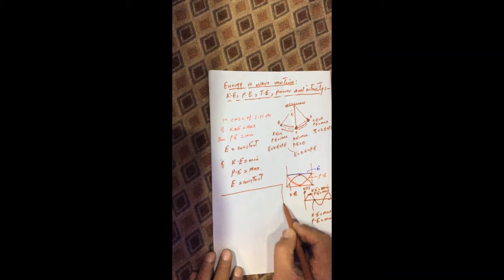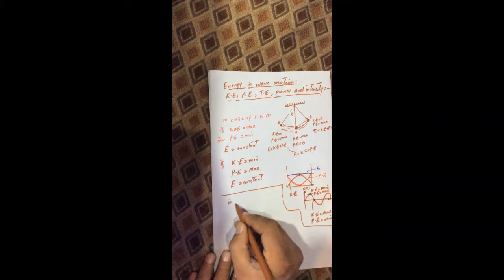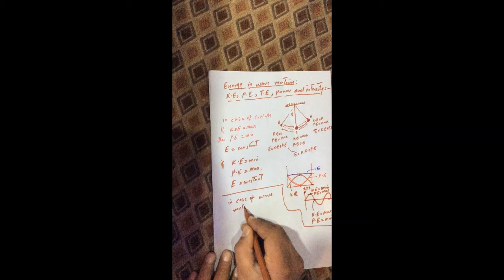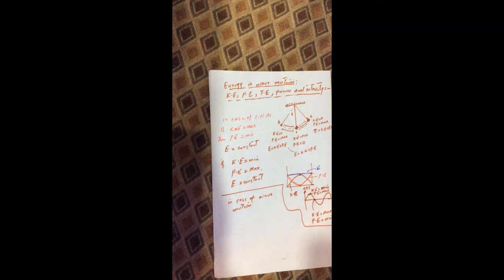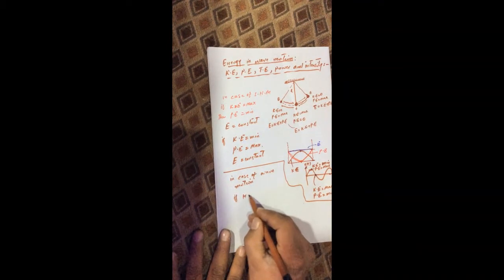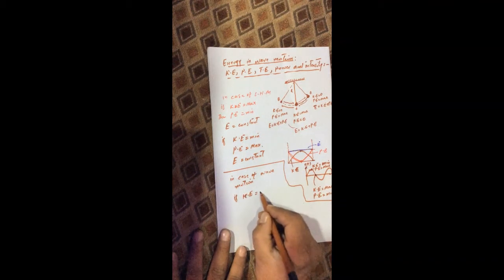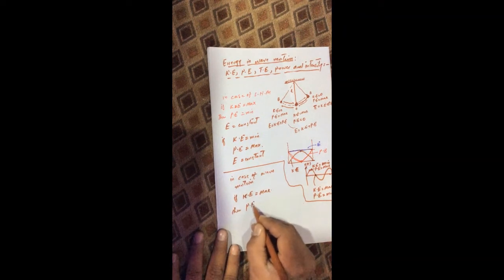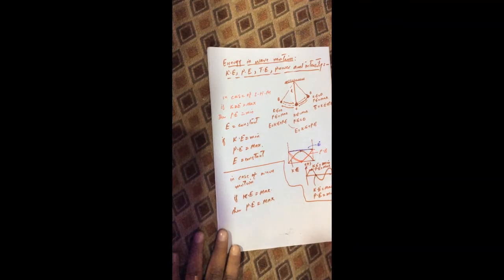Now if we discuss wave motion, in case of wave motion, if kinetic energy is maximum at a given point, then potential energy will also be maximum at that point, and then total energy, which I represent by E, is also maximum at that point. Look at this.